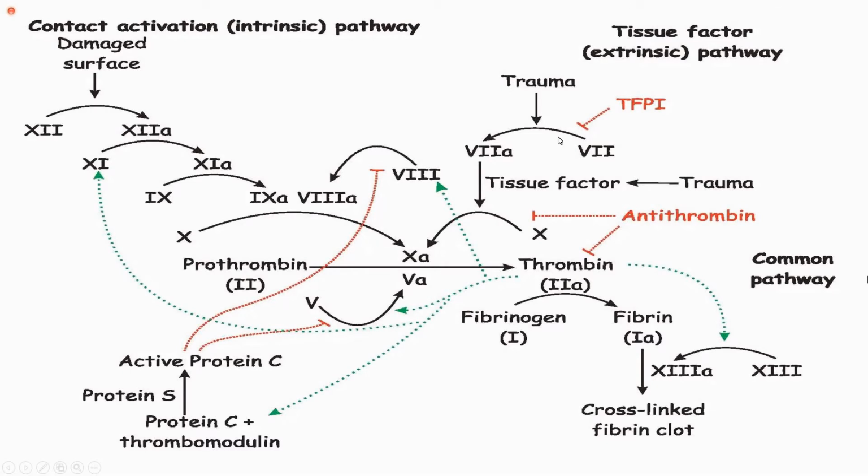So at every step, there is an inhibitor available which limits the coagulation, and otherwise there would be an explosion of the coagulation, which leads to the formation of clots everywhere in the body. So there is a pathway that limits the coagulation as well.